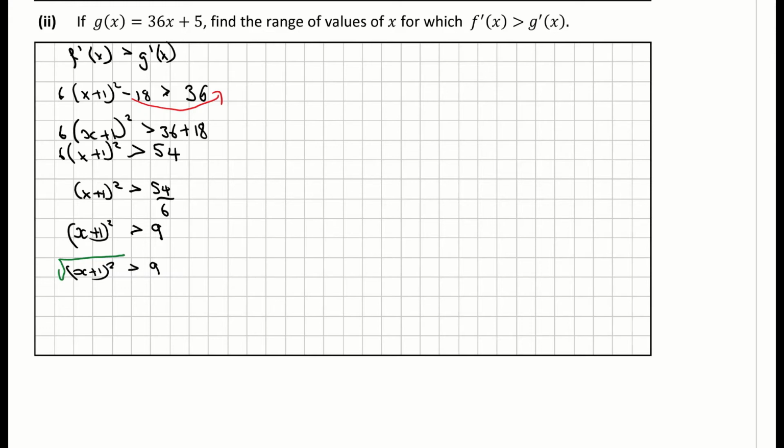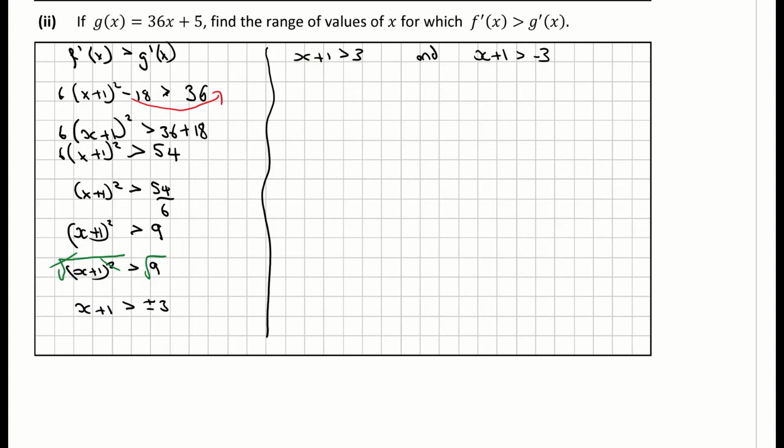Now we know that a square will cancel with a square root, so that's my left hand side dealt with. That's just leaving me with x plus 1 is greater than the square root of 9, which is plus or minus 3, because 3 by 3 is 9 or negative 3 by negative 3 is 9. So I just need to solve for both positive 3 and negative 3. I have x plus 1 is greater than positive 3, and x plus 1 is greater than negative 3. So I just need to do both of those out.